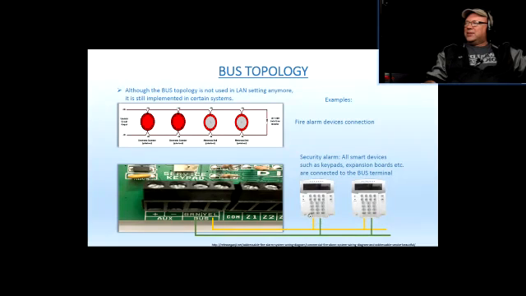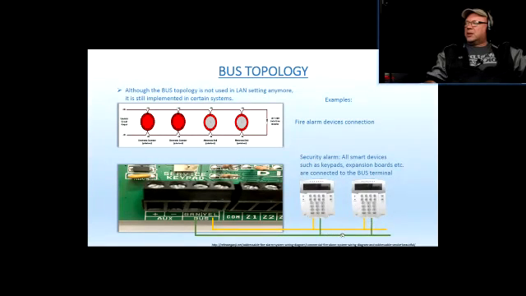So this keypad is able to communicate with the system through these wires using whatever protocols it's using. And then this keypad is also able to communicate with the system through the same pair of wires. So here's the bus line, and here are a couple of devices.